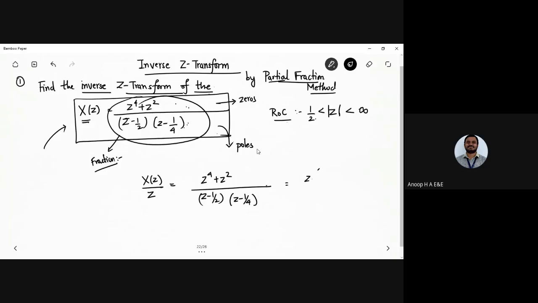Taking z as common, that would be z cube plus z divided by z minus 1 by 2 into z minus 1 by 4.